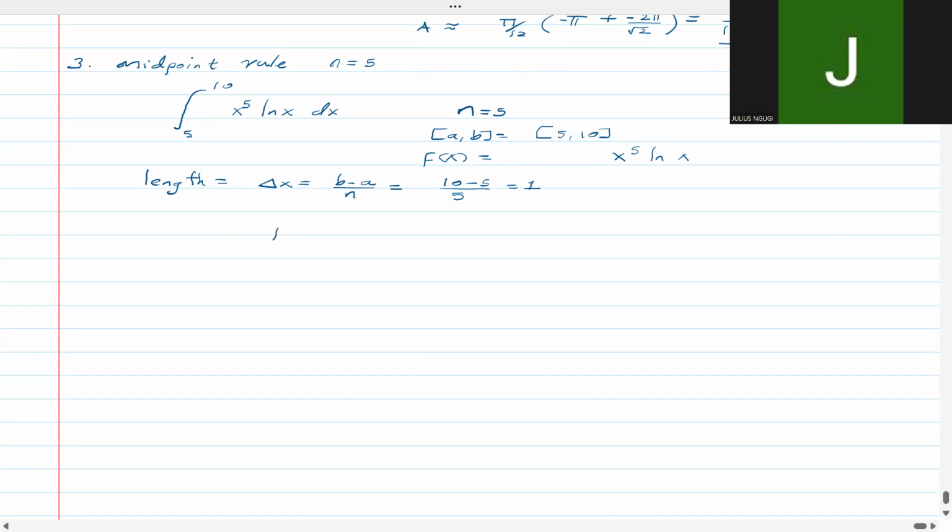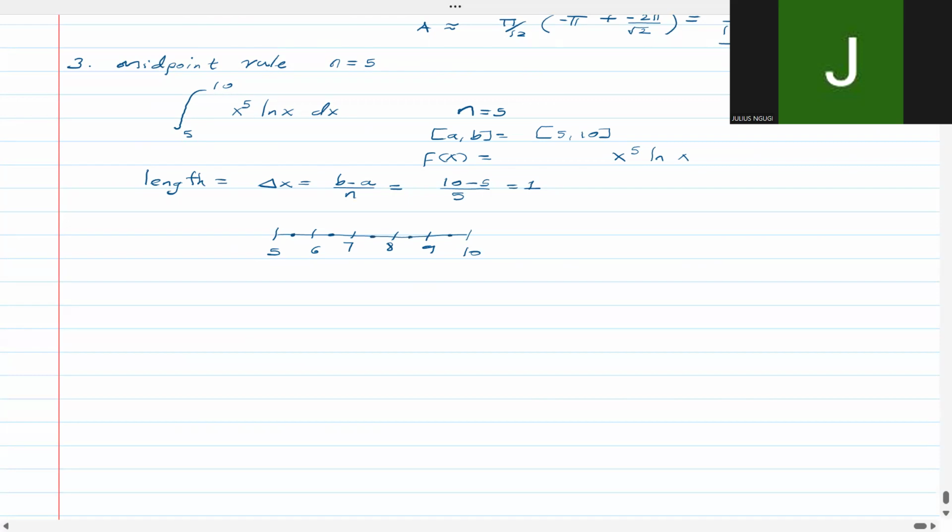So now to know the grid points, we draw the interval from 5 to 10, and 1 apart we move to 6, uniformly 7, 8, 9, and 10. And because we want the midpoint, the point in the middle will be the point there in the dotted crosses.